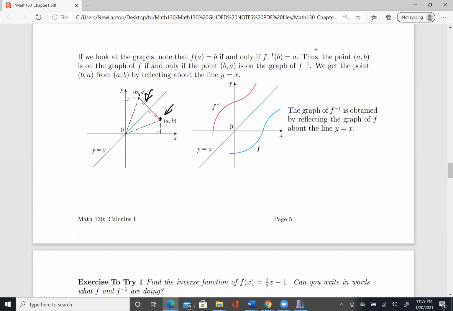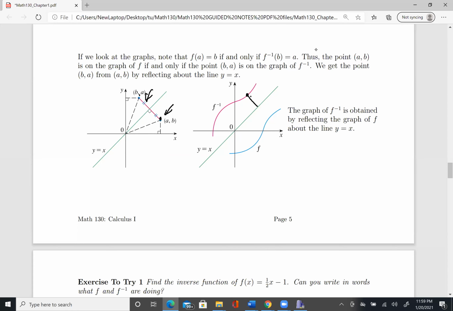So also, the graph of f inverse is obtained by reflecting the graph of f about the line y equal to x.